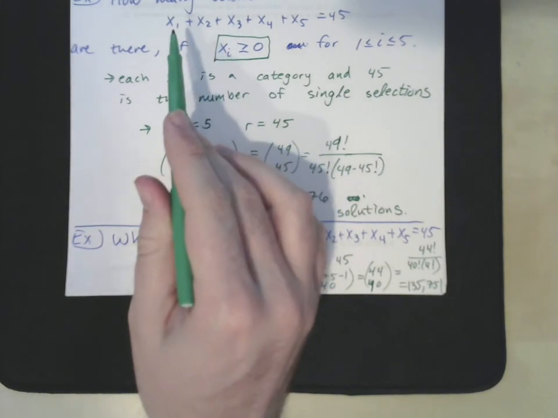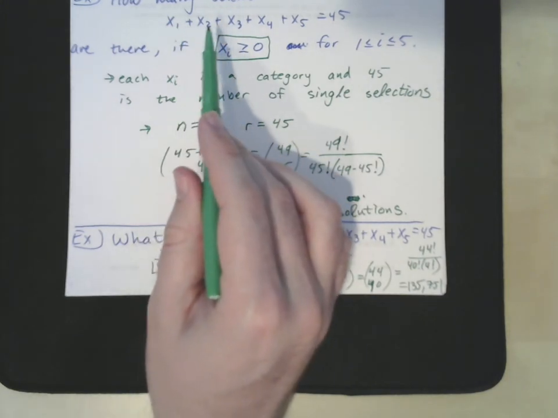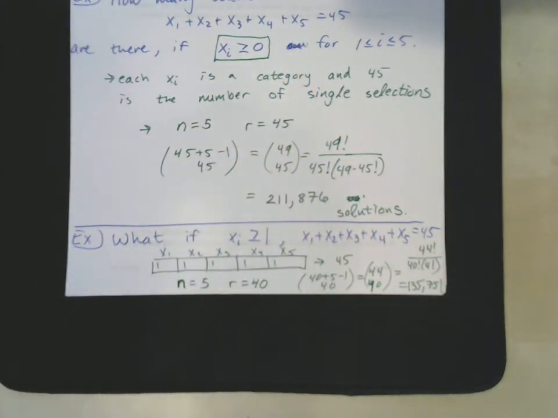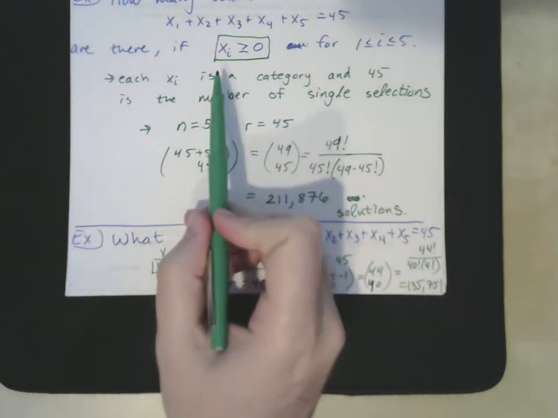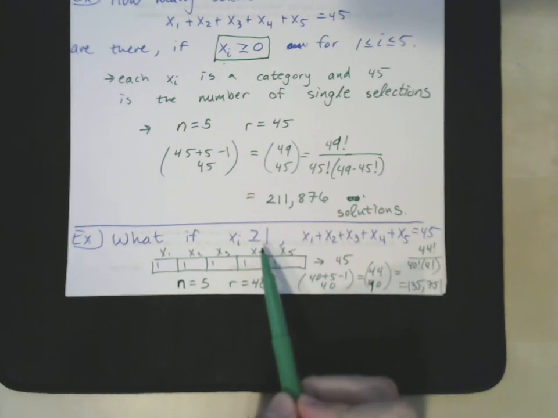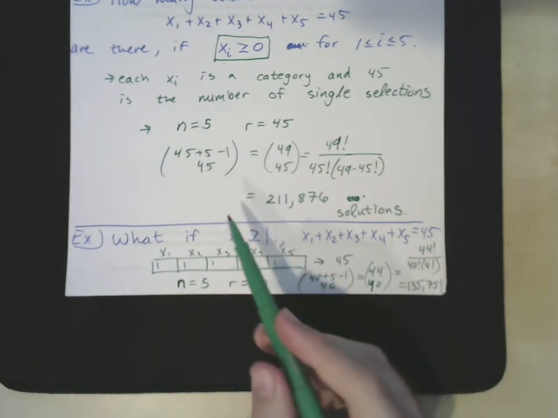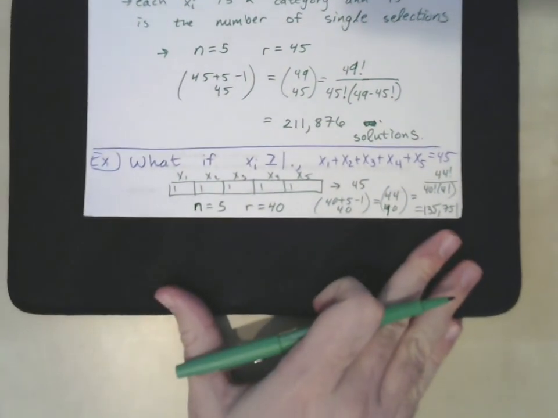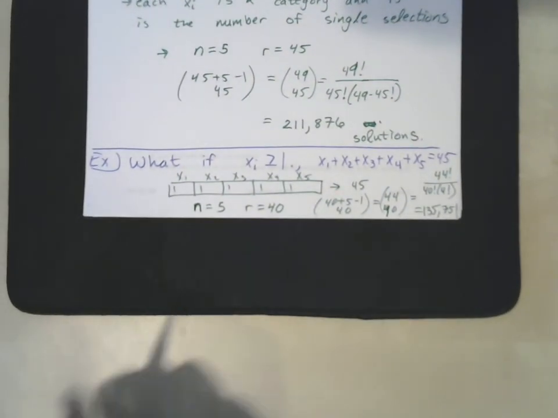We could pick x1 to be negative x2 plus x3 plus x4, and then have x5 be 45. There are too many ways if we don't have this restriction here, or similarly, we don't have this restriction here. So these restrictions are important to limit the number of selections, the number of options we can actually make. But this is how we handle combinations with repetitions or multisets. And with that is the end of 9.6.